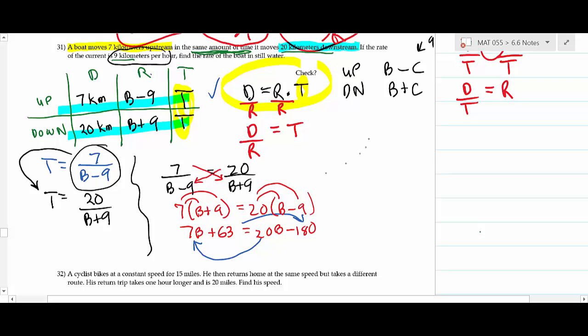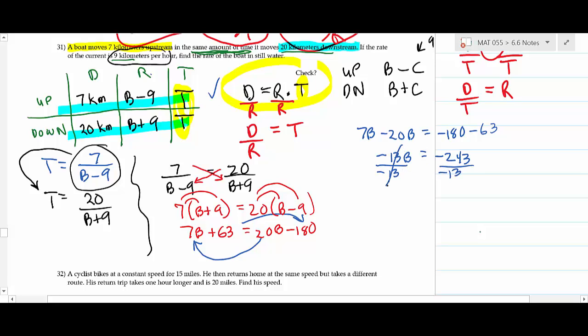It's less step writing, so you'd have 7B minus 20B is equal to negative 180 minus 63. Remember, if I move something from one side to the other, the sign changes. We've been doing that all semester. So 7 minus 20 is negative 13B. Negative 180 minus 63 is negative 243. Then I can divide both sides by negative 13.